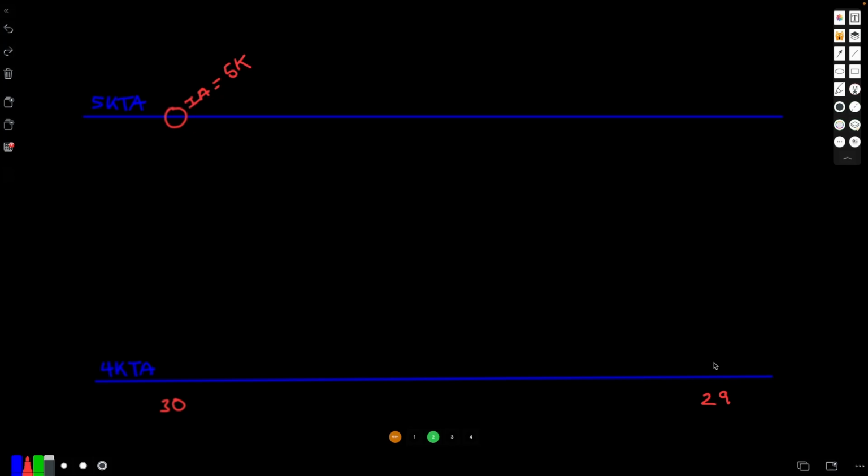What's going to happen then if the pilot does not adjust the barometric setting on the altimeter from 30 to 29? What will happen is the pilot or the autopilot will follow the pressure gradient to get from left to right, and it will basically try to keep the altitude at 5,000 feet.